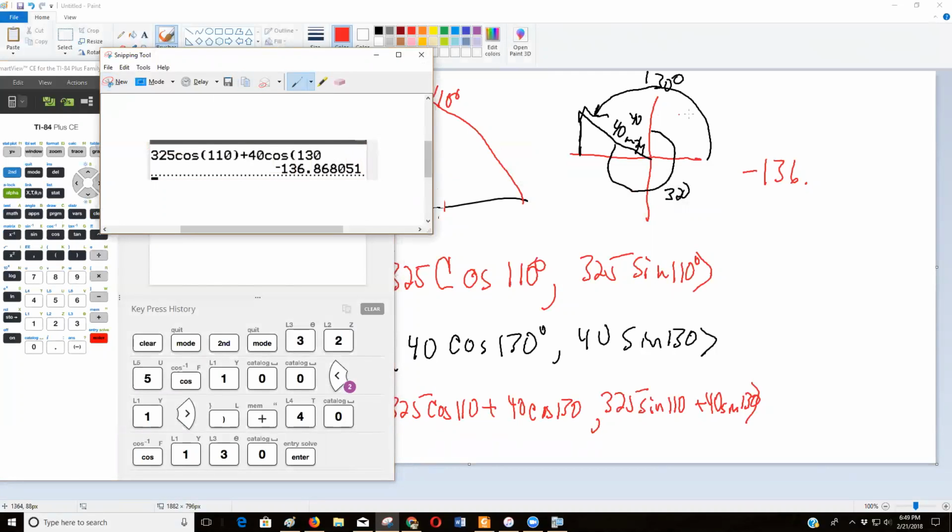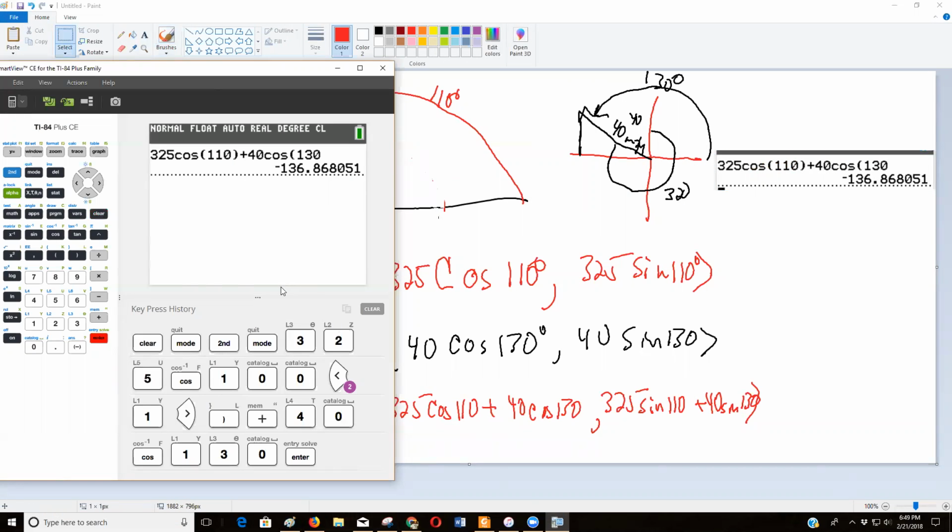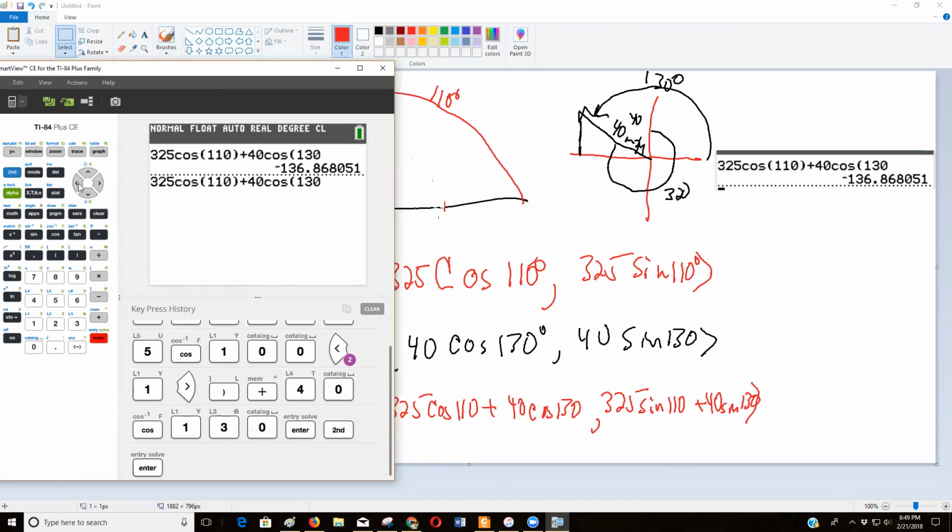Let's see, copy. I'm going to come over here. I'm going to paste. We'll move that over here. And then I'll do the same thing with the sine. Actually, I'm going to get really fancy. I don't know if you know how to do this. You do second enter to get what you last entered, or you can do the up arrow and grab it that way with the TIs.